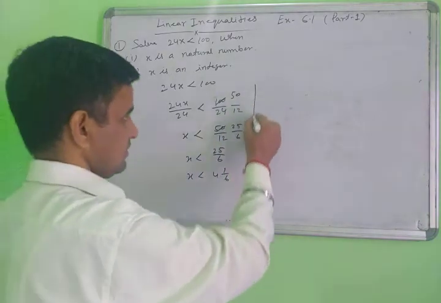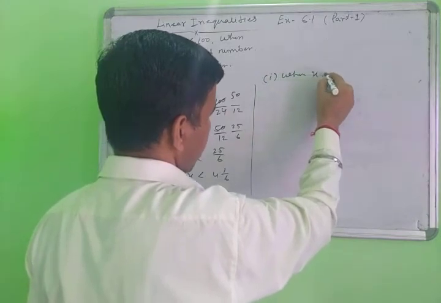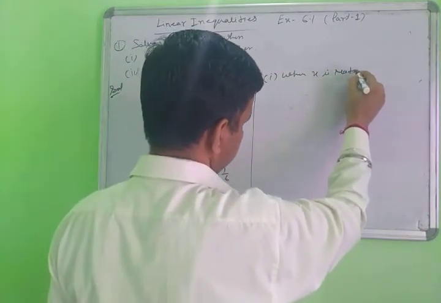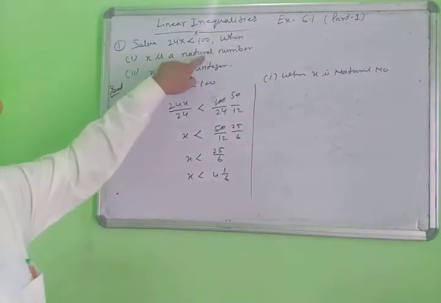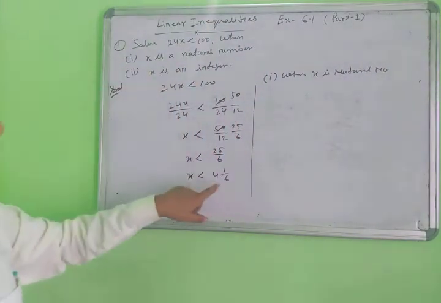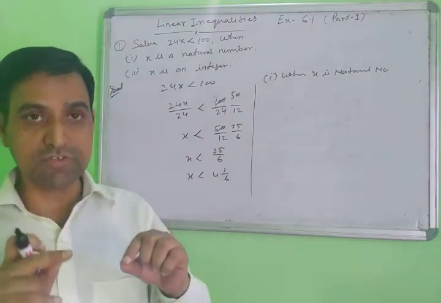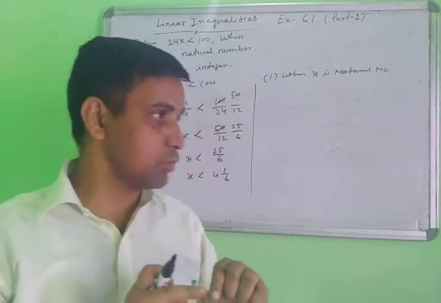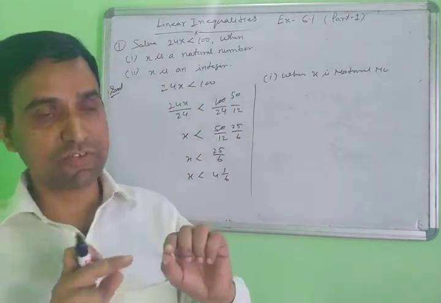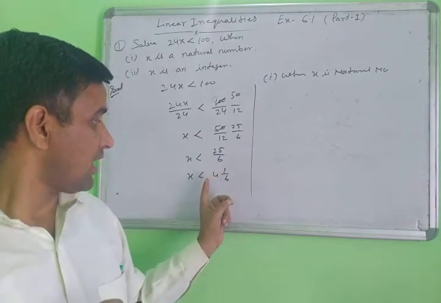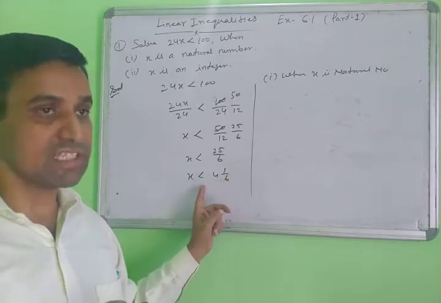Our first condition is when x is a natural number. You know the natural number is only positive, not negatives. Second thing, a natural number is only a whole number, not a decimal, not a fraction. This is the value of x, 4 whole 1 by 6, and x is less than it.